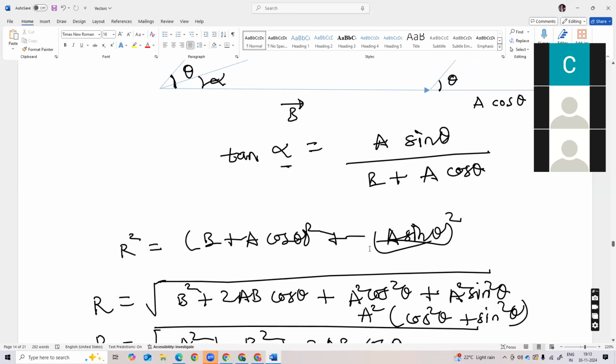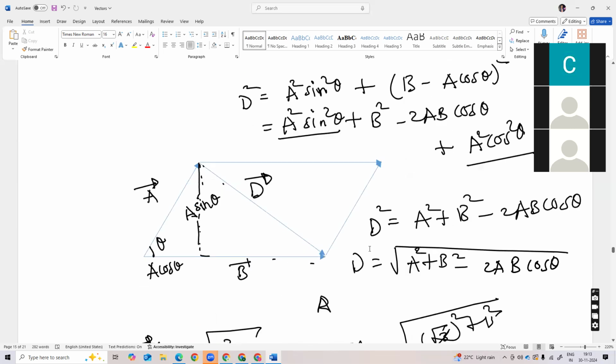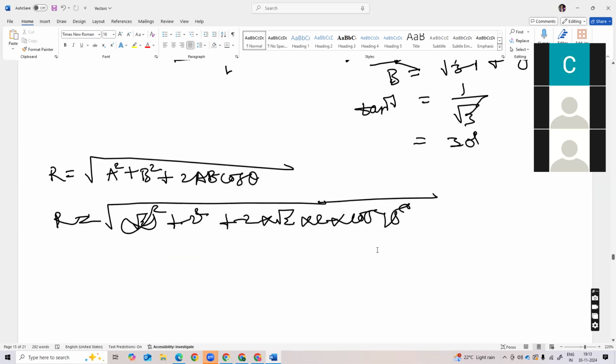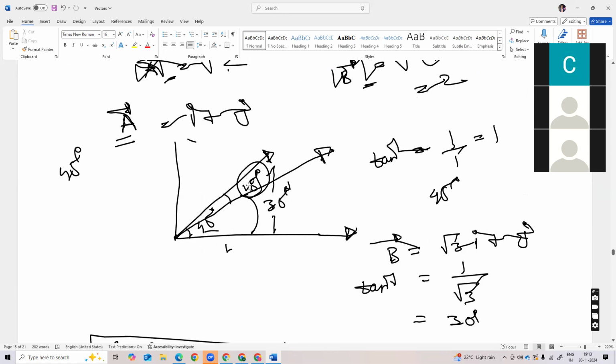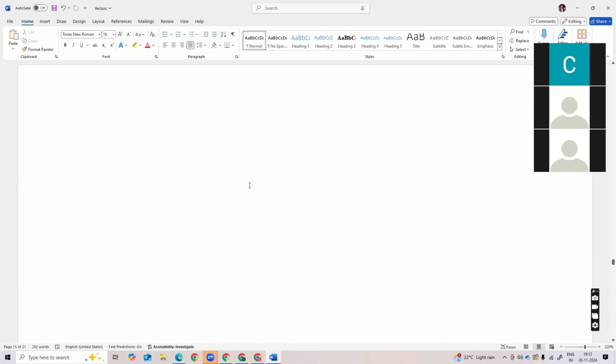However, in this case, the magnitude of the resultant you have found using the same formula and it is correct. But if you have to find the angle, we will check it.